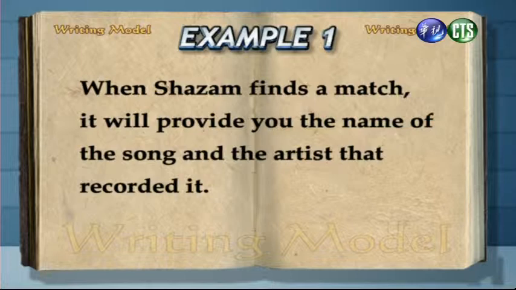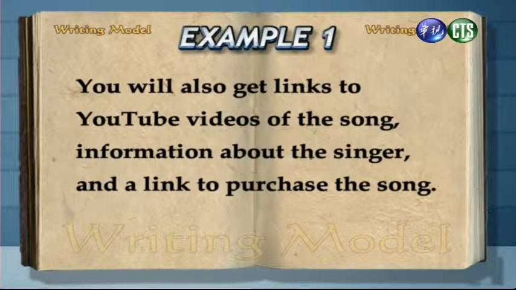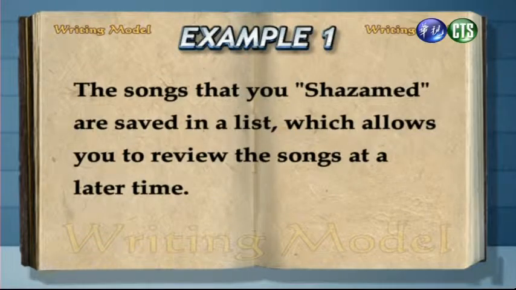When Shazam finds a match, it will provide you the name of the song and the artist that recorded it. You will also get links to YouTube videos of the song, information about the singer, and a link to purchase the song. The songs that you Shazammed are saved in a list, which allows you to review the songs at a later time.